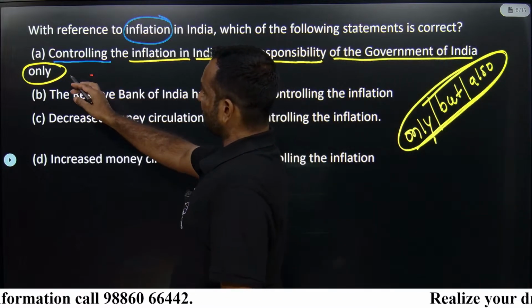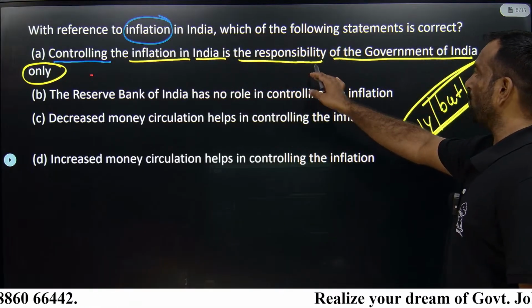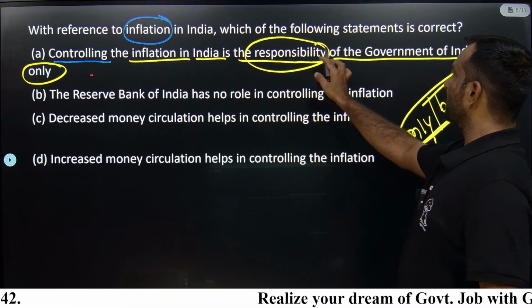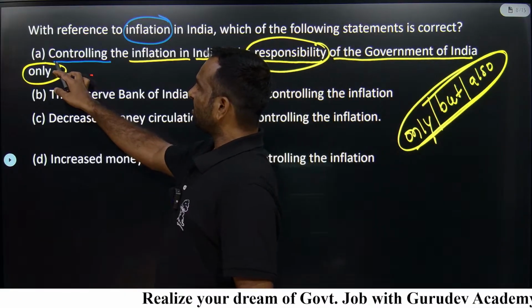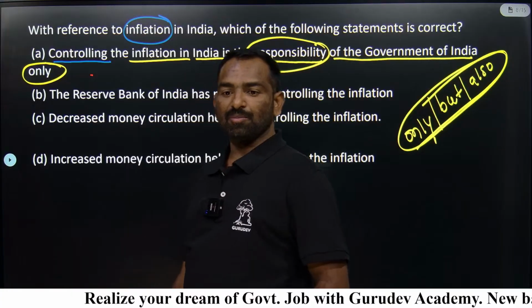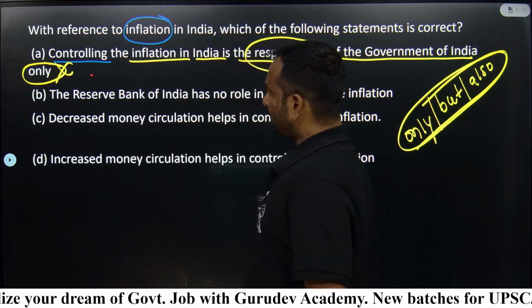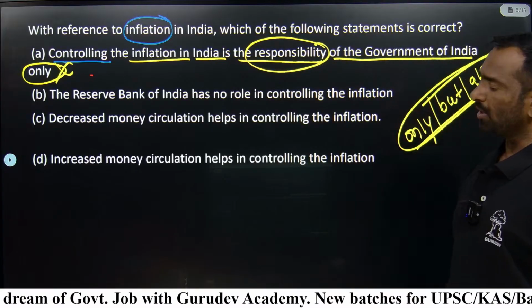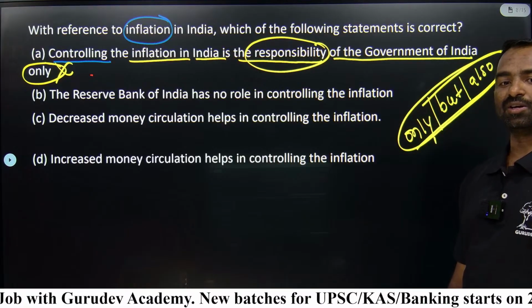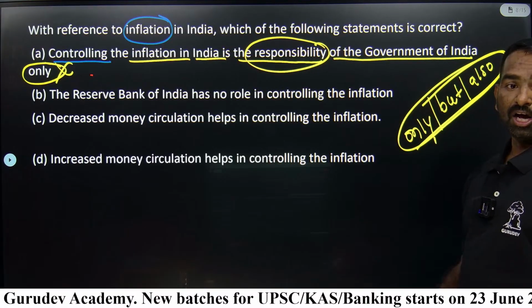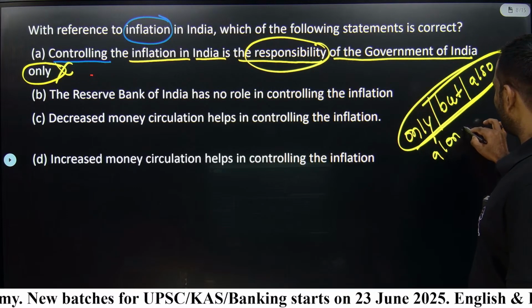The examiner says controlling inflation in India is the responsibility of the government of India only. Is that true? Absolutely wrong. Whenever you come across the term only, be careful. The first option is wrong because it is not the duty of the government alone to control inflation in the economy.